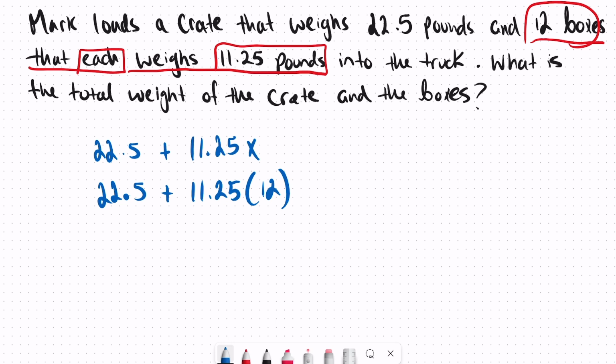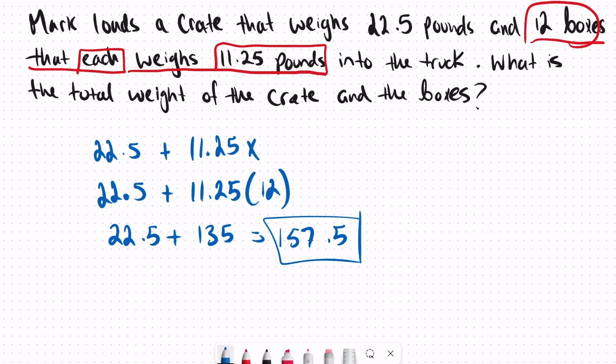And 11.25 times 12 is going to give us 135 pounds for the 12 boxes. So all we need to do is add the 22.5, and that will give us 157.5 pounds in total for the crate and the boxes.